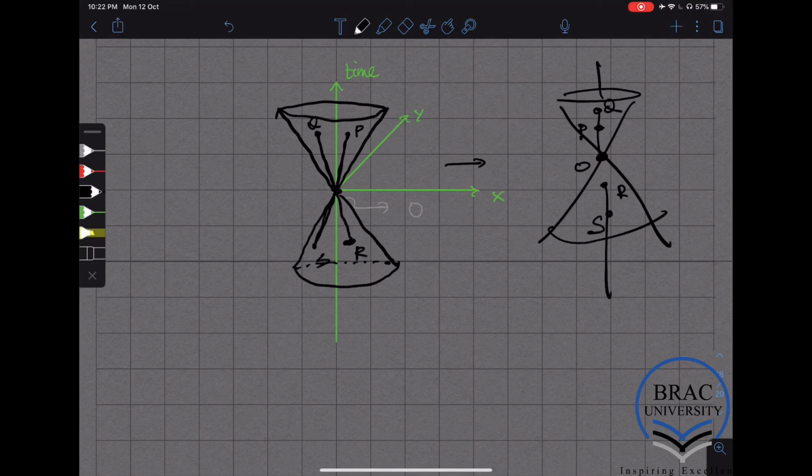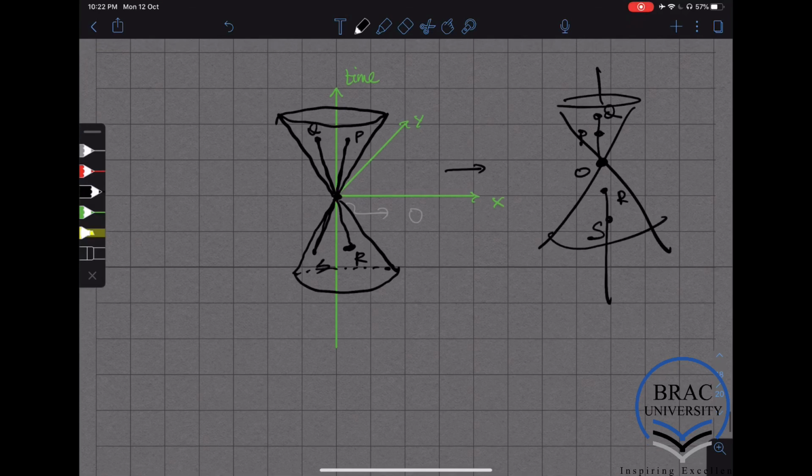So these are the time-like separated points, and all the points in the upper cone are called the future of O. And all the points in the backward cone are called the past of O.